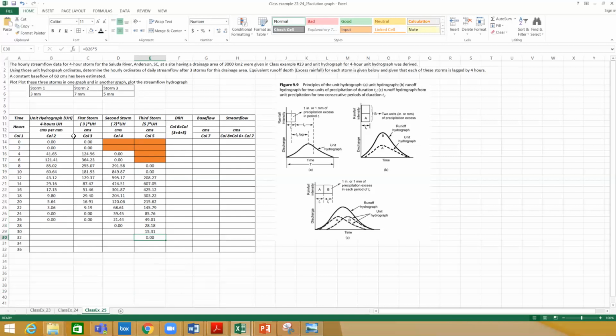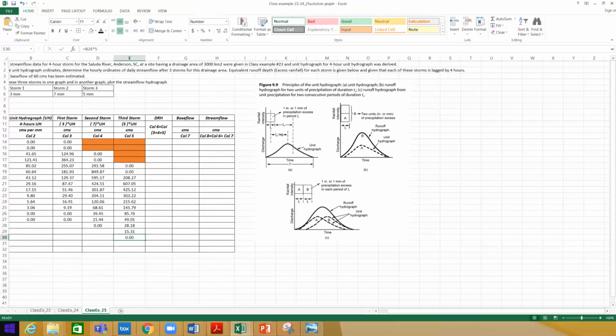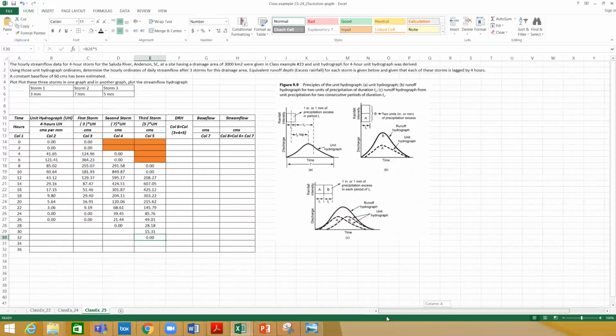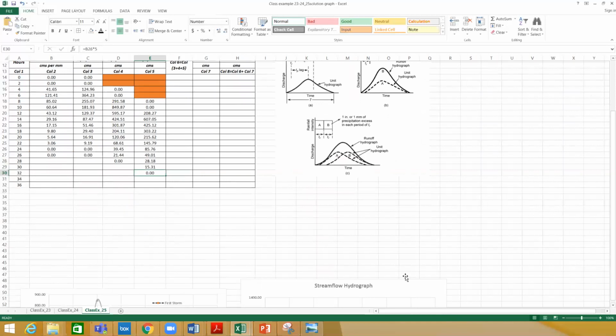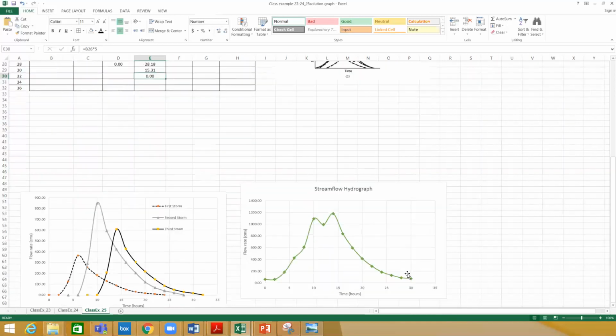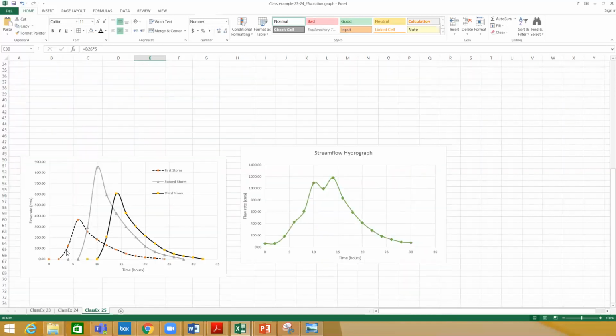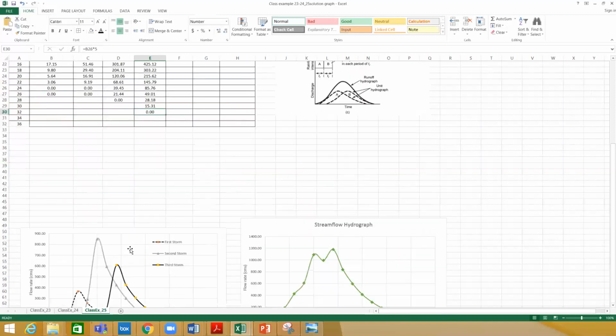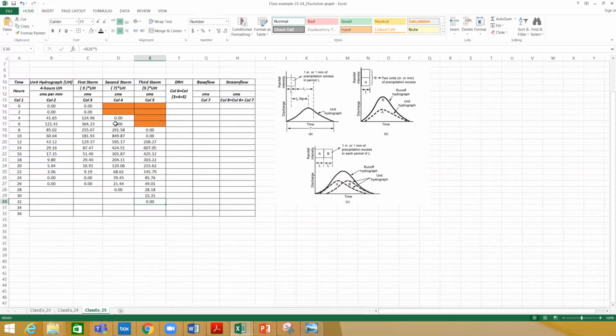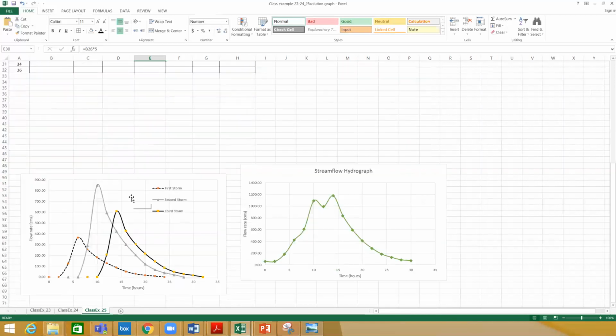Now, after all of these three, we have to plot these 3 storms in one graph. Okay, we can obviously do that, and I actually did that. So this one, if you look here, that is the first one, which is already 3 times higher than the original one, then the 7 times and the 5 times.